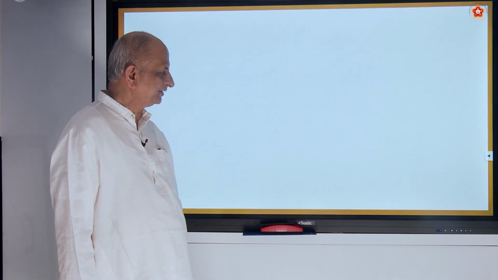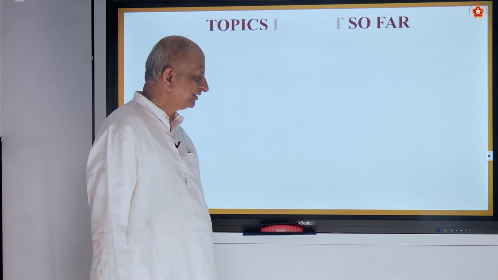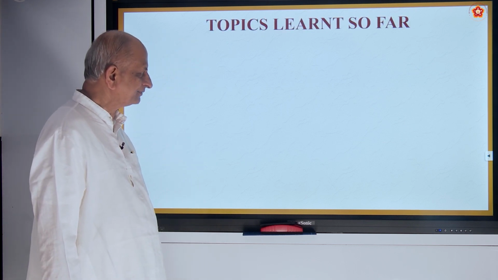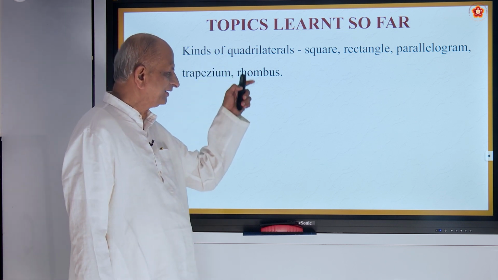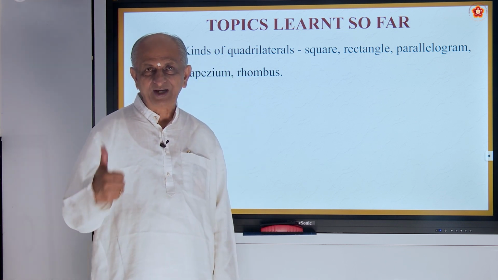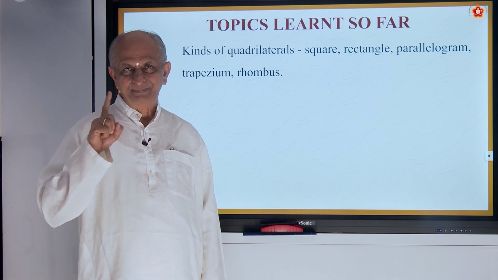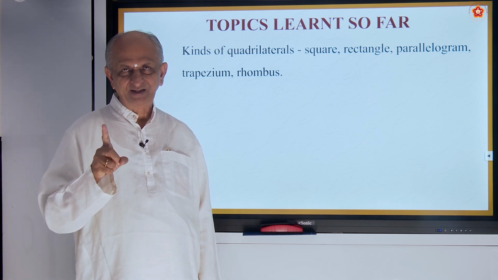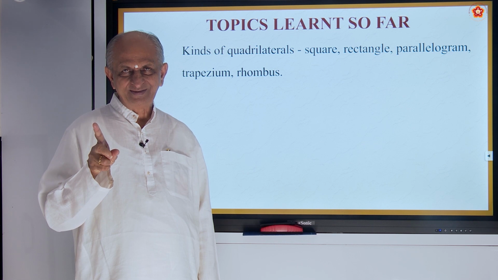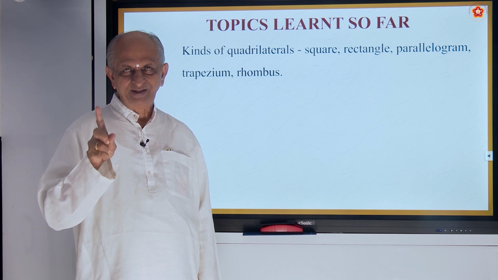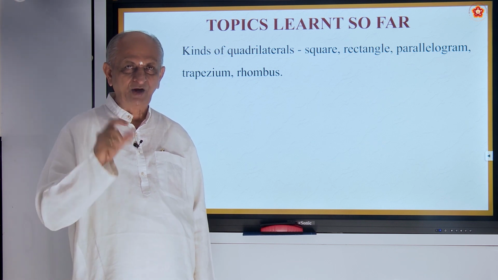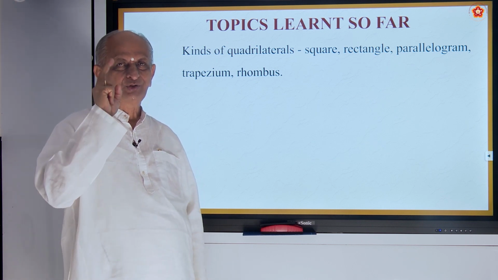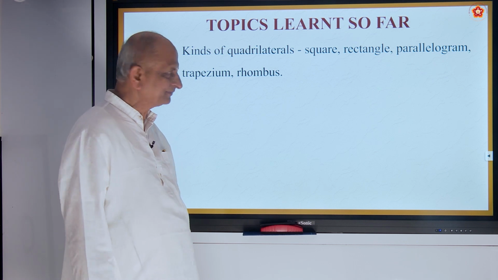So let us just recall what you have learned so far. We heard about the different kinds of quadrilaterals, correct? What is a quadrilateral? It's a plane figure having 4 sides, 4 vertices, 4 angles, and how many diagonals? 2 diagonals, correct?